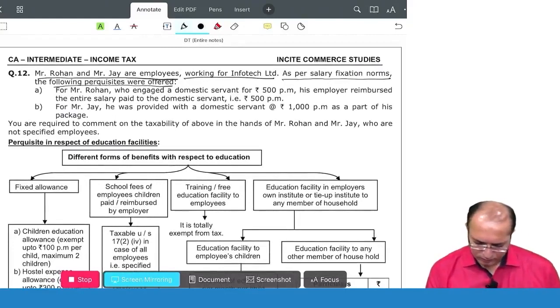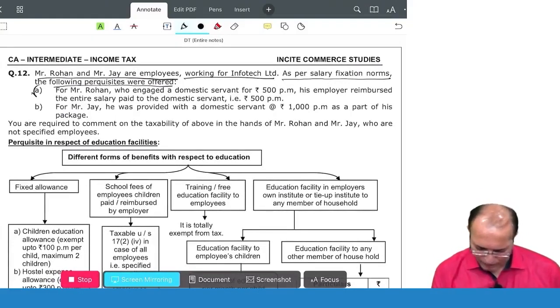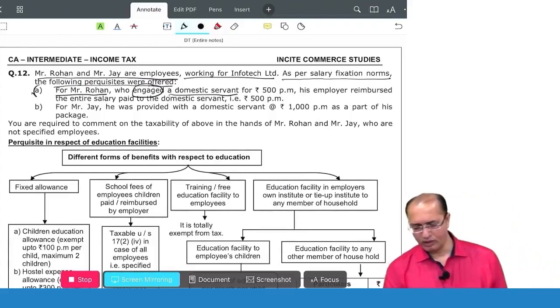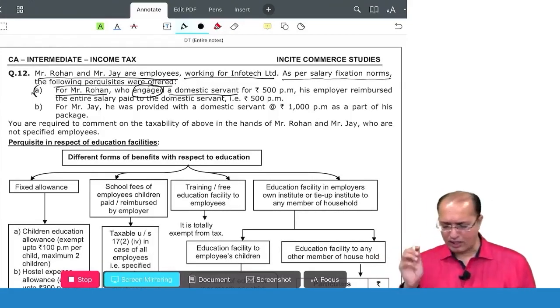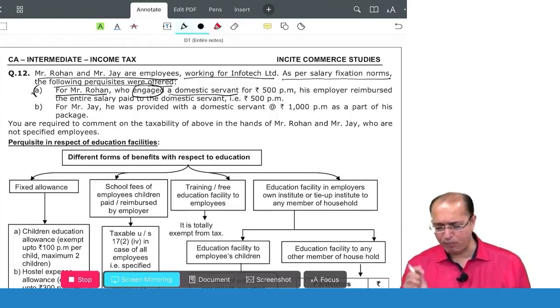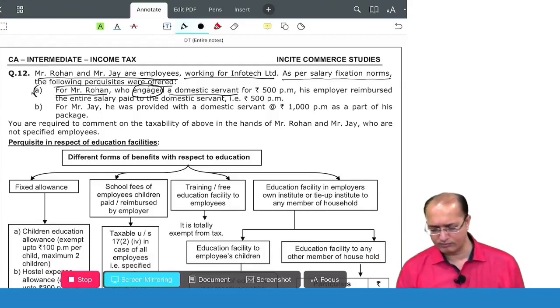Number 1, for Mr. Rohan, who engaged a domestic servant. Now my question to you is, don't read the sentence further and tell me who has appointed the domestic servant.